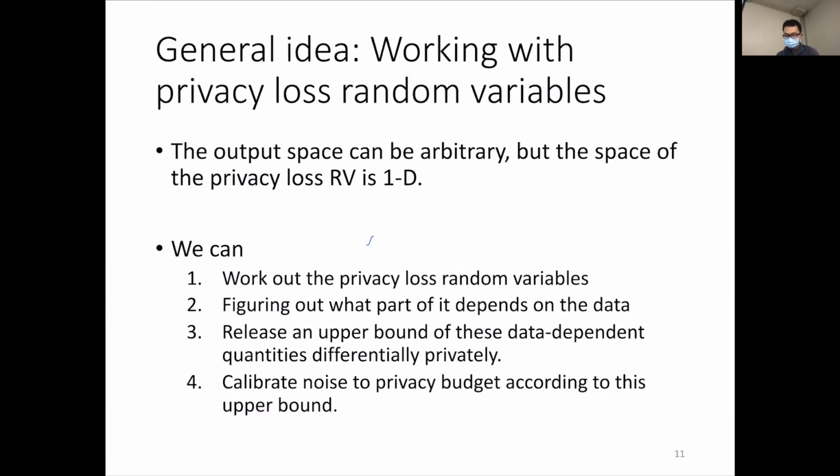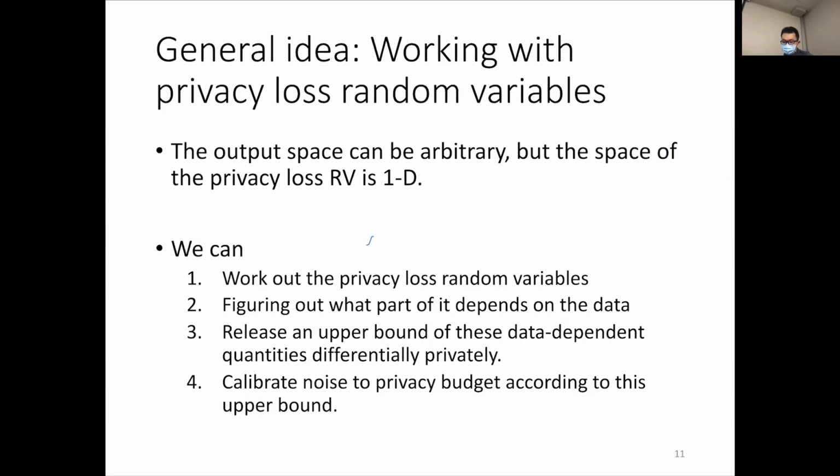And if there are properties of this particular data set that we're running our algorithms on that affect the privacy loss random variable, then we can hopefully try privately releasing that information, because everything about the privacy property is already encoded in the privacy loss random variable itself, right?